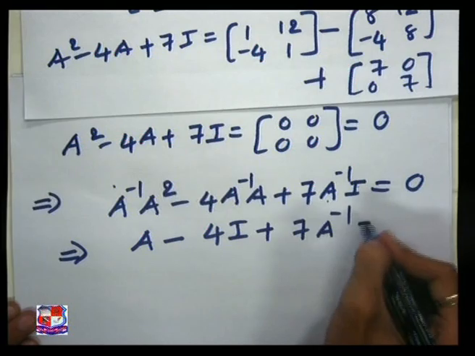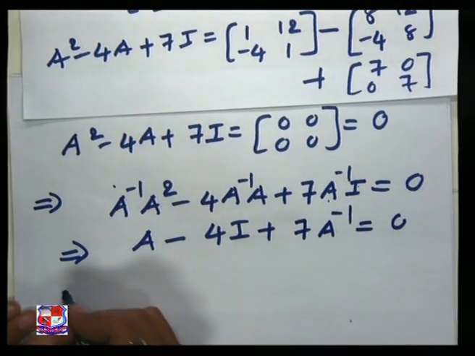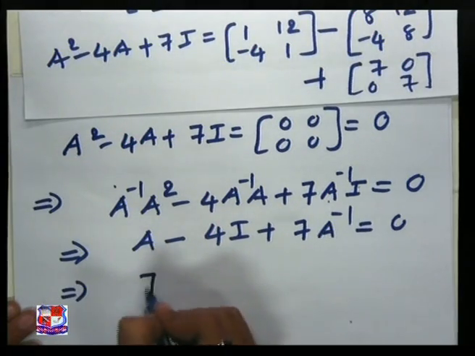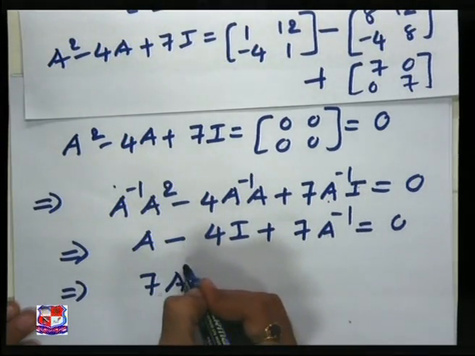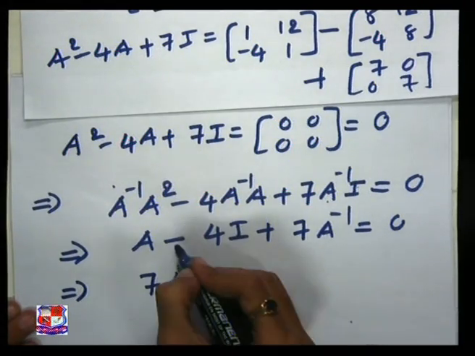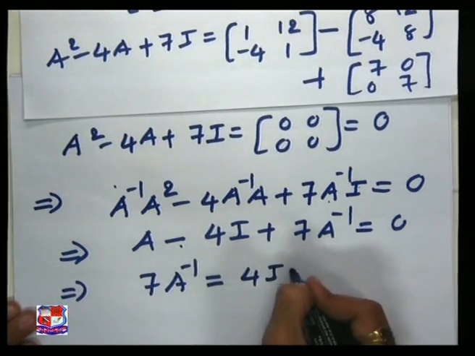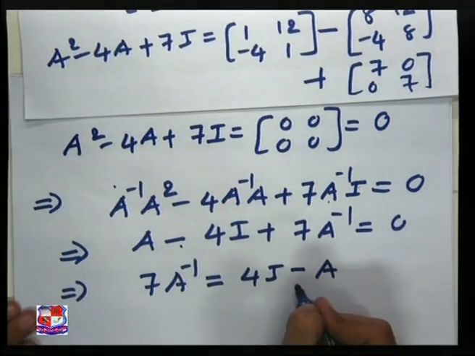So here I will get 7 A inverse equal to 4I minus A, right?